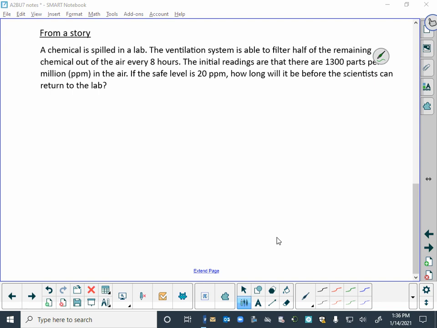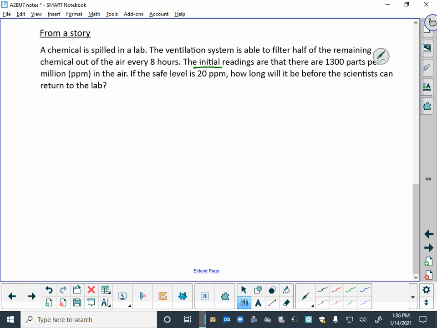Initially, from the chemical spill, we've determined that there are 1,300 parts per million of the chemical in the air. That's how they measure these kinds of things. The safe level, however, is 20 parts per million. We want to know how long are they going to have to wait before the scientists can go safely back into the lab.